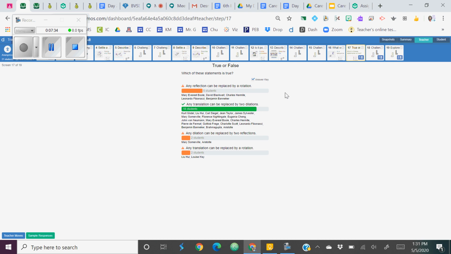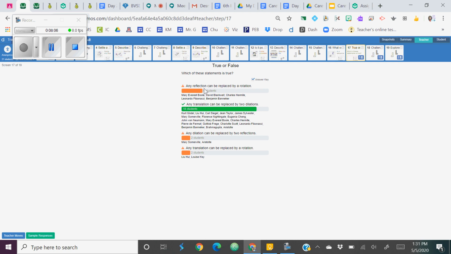Because, like, we saw somebody do that earlier where they had that barrier, they had to shrink up that L and then slide it over, and they grew the L. But a translation can't be replaced by a rotation because it would change the orientation. And a dilation could change the size, but reflections don't.